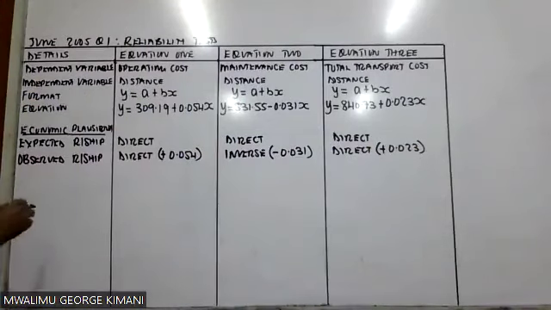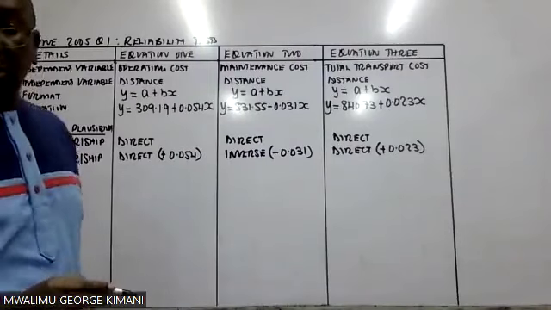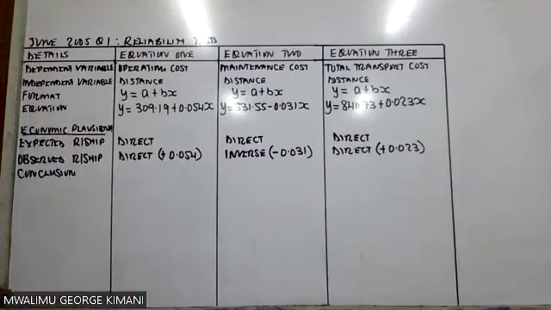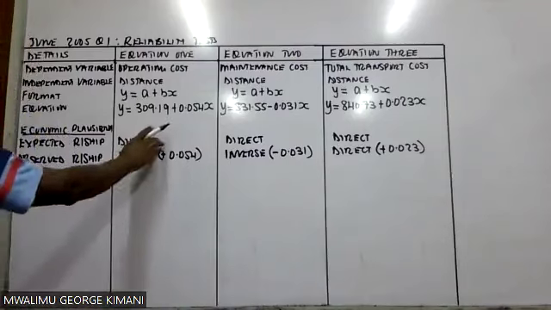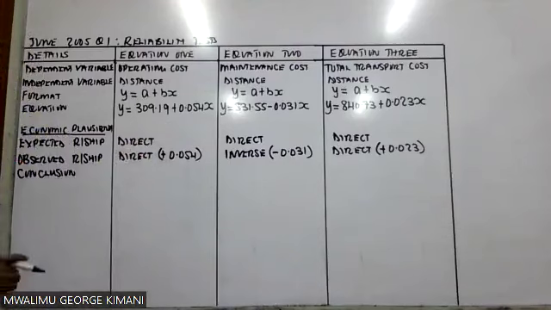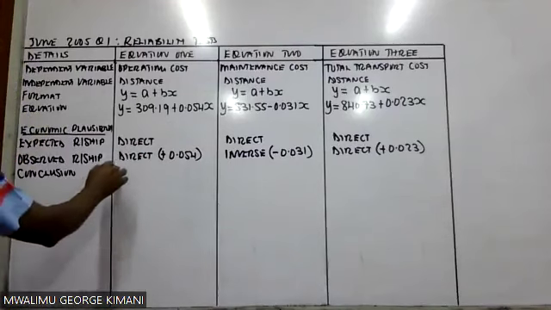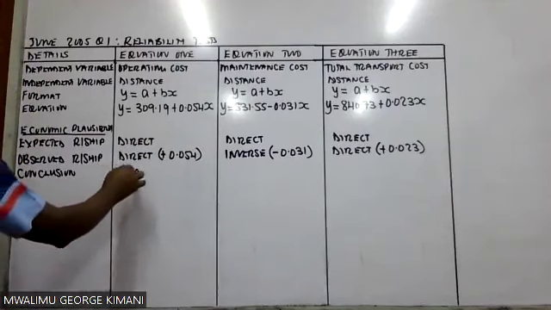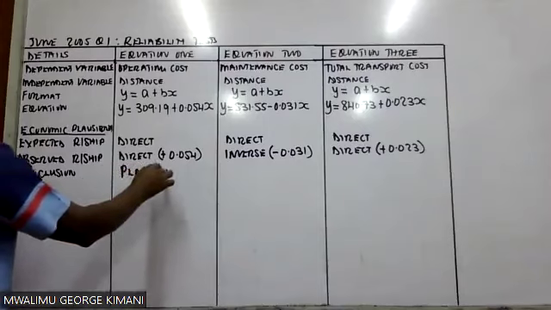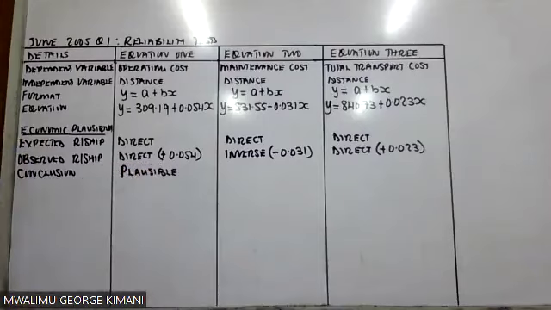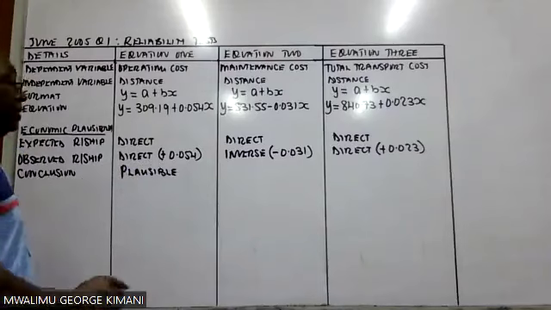So, when you compare these two, you make the conclusion. The conclusion that we are going to make is that where these two agree, it is plausible. That relationship is economically plausible. That is what we said.